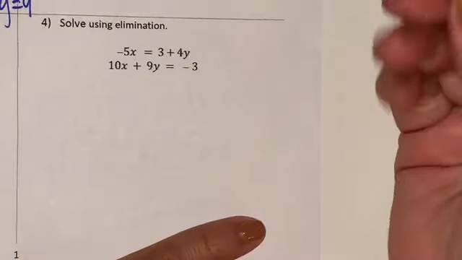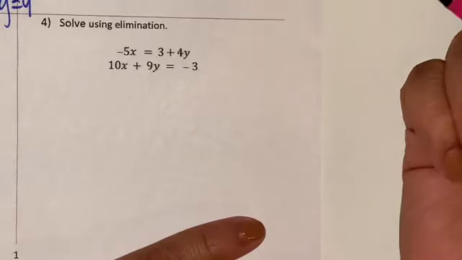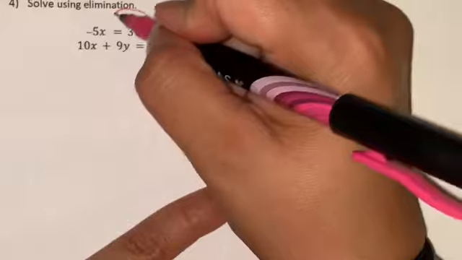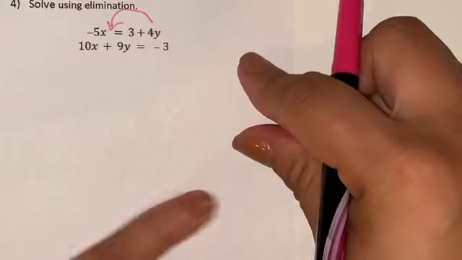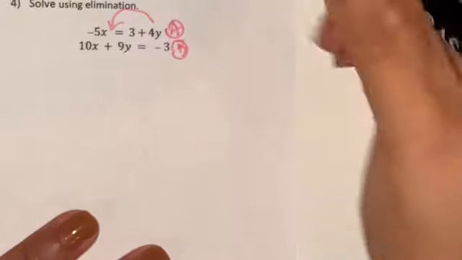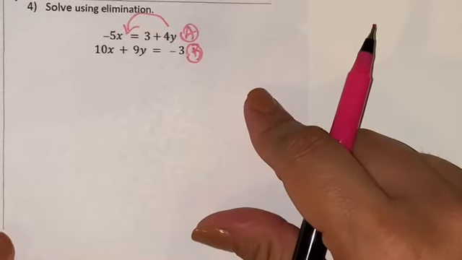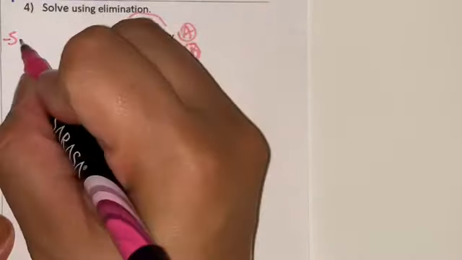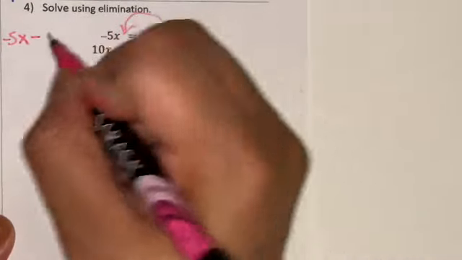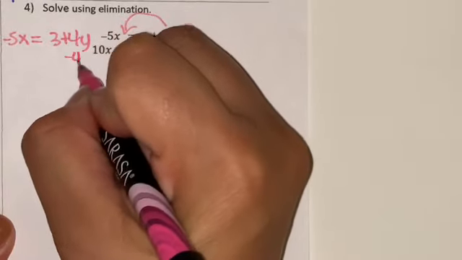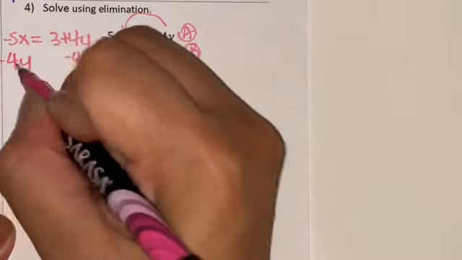Okay, so number 4, we want to move this to that so we can have standard form. So this is equation A and equation B. I'm just going to rewrite equation A. So negative 5x equals 3 plus 4y minus 4y minus 4y.